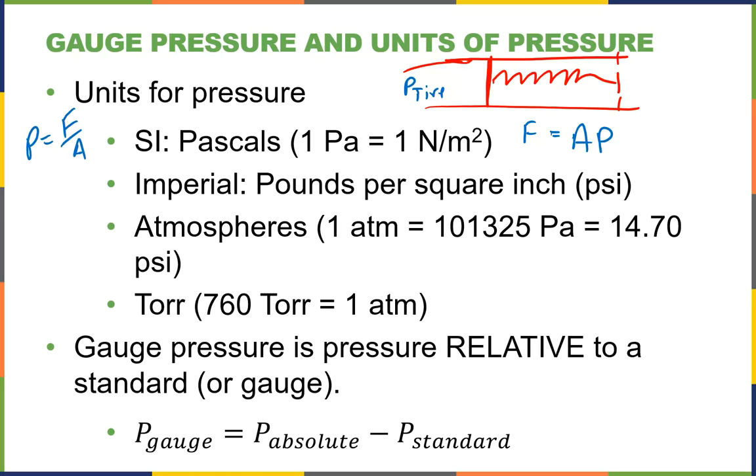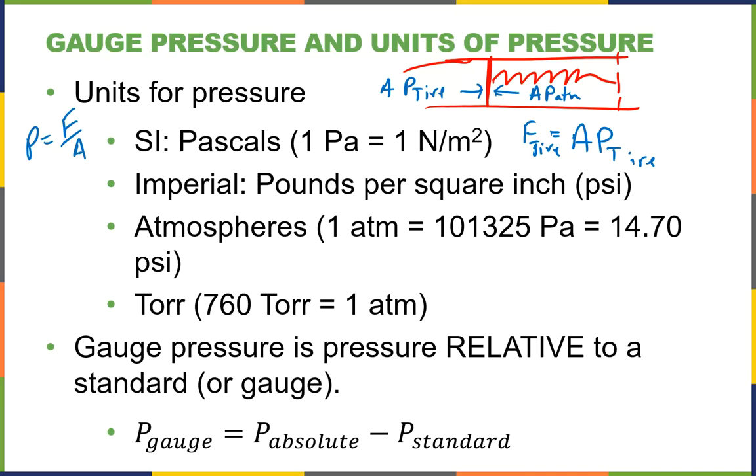So this is area times pressure in the tire on this side. And on the other side, I have area times pressure atmosphere. So I have those two forces. If the pressure in the tire is bigger than the atmospheric pressure, I have a net force pushing which direction? To the right.